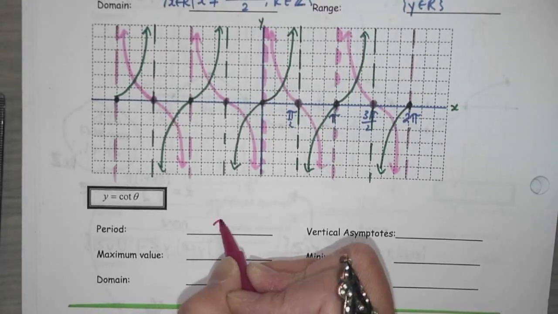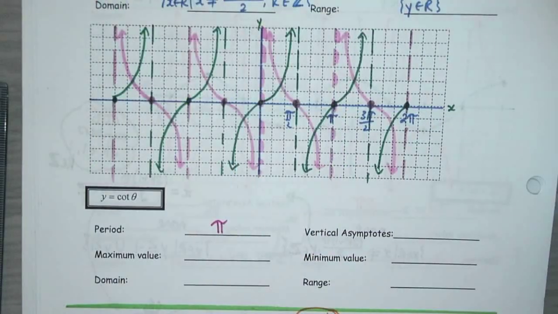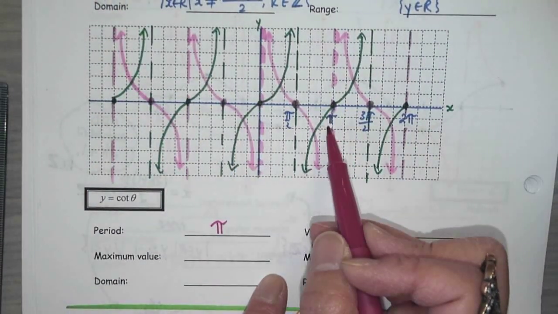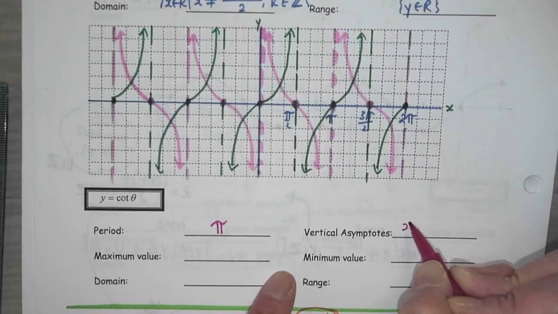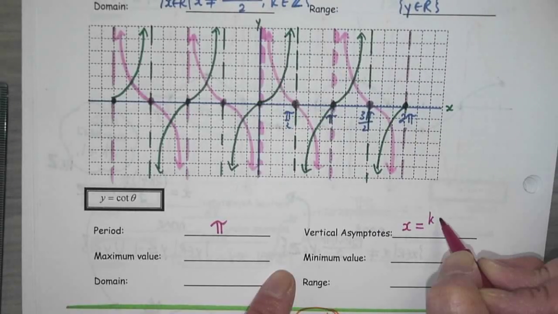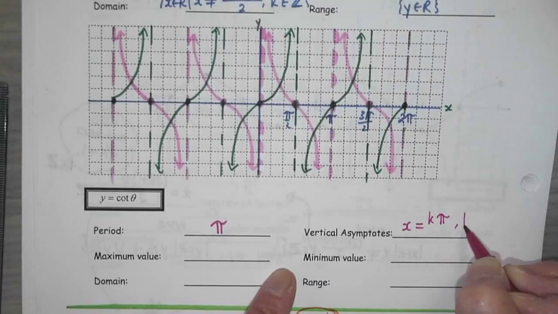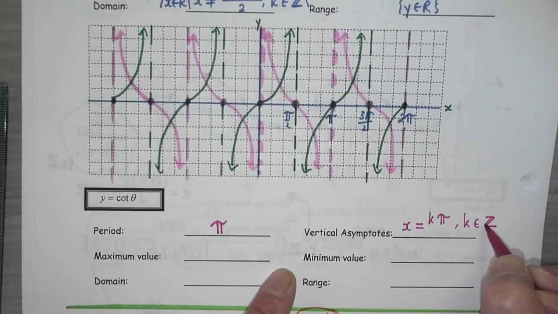The period remains the same, right? You can just get one of those pink cycles, it's pi. Vertical asymptotes are wherever the pink is, which is actually easier. It's just every pi: 0, pi, 2 pi. So that'll be x equals k pi, where k is an element of integers.